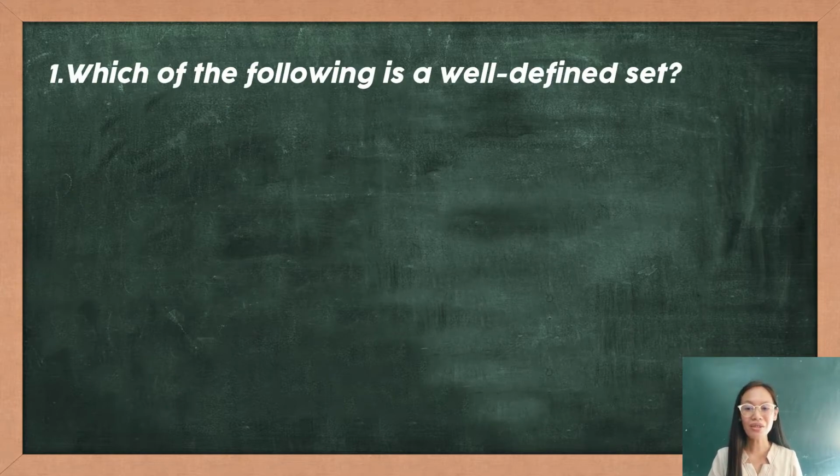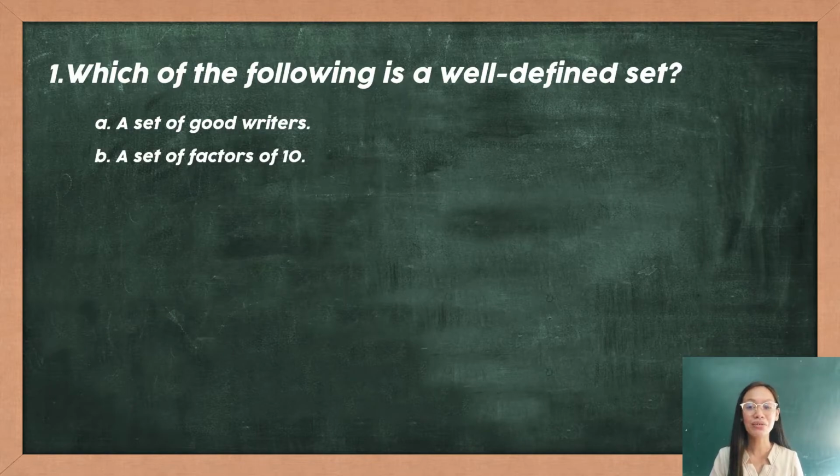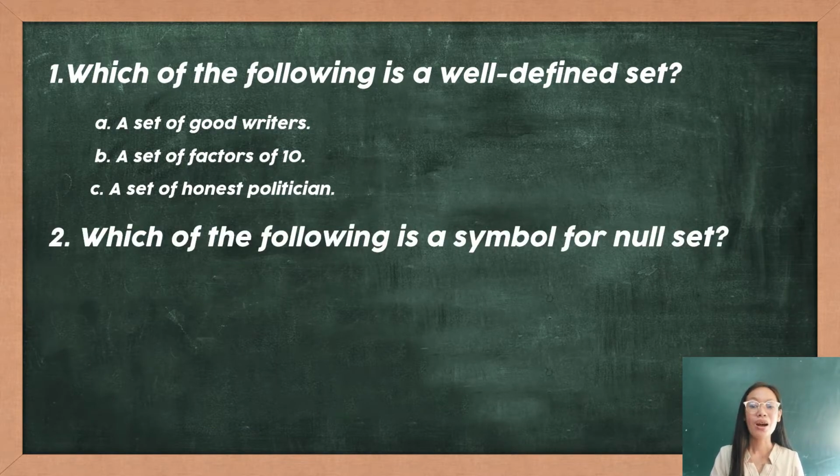Number 1. Which of the following is a well-defined set? A. A set of good writers. B. A set of factors of 10. C. A set of honest politicians. Number 2. Which of the following is a symbol for null set?